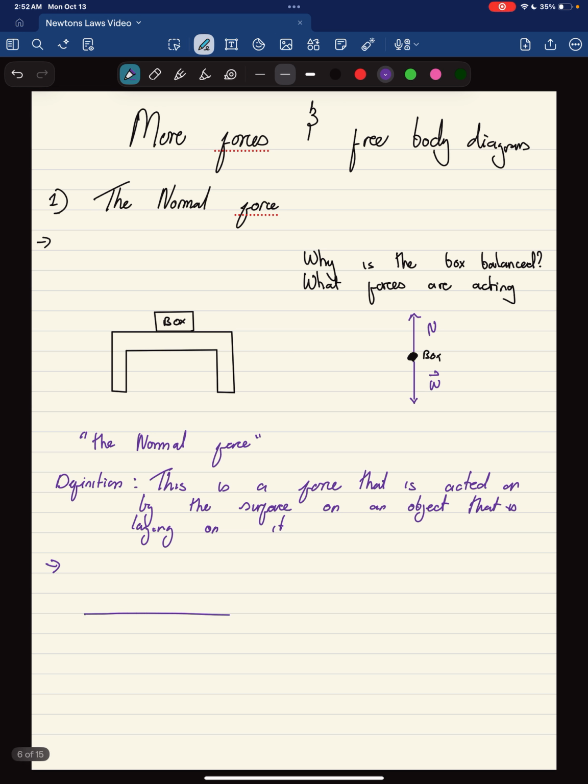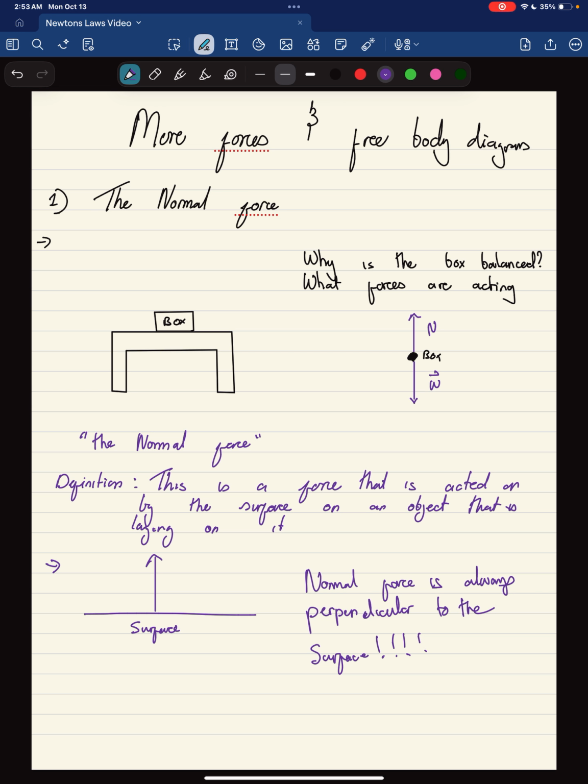If I have my surface here, my normal force will be perpendicular to that surface. Never forget this.